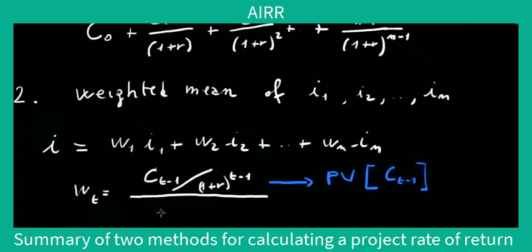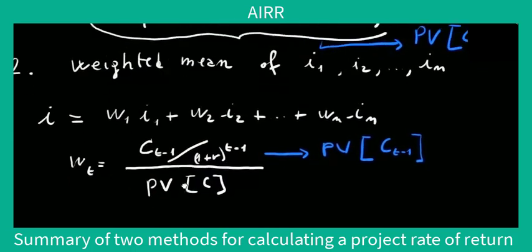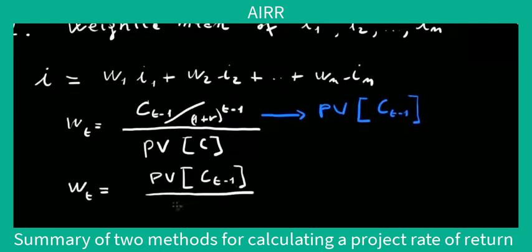And the denominator is the total capital invested, the sum of the present values, and we may denote it as PV of C. So we can write weight W of t is equal to present value of capital C of t minus 1 divided by the total capital, which is PV of C.